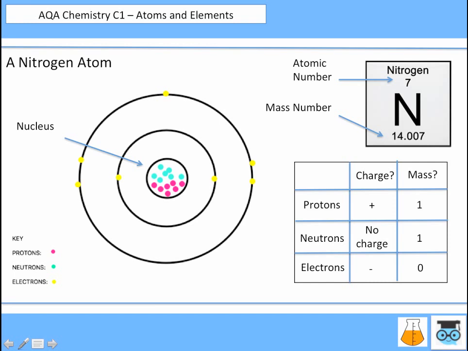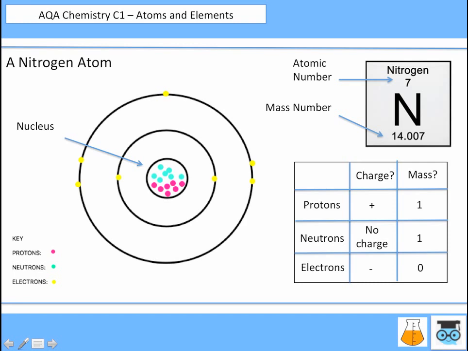Right, this is a fact you just have to know: the first energy level shell always has 2 electrons, and no more, apart from hydrogen, which only has 1 electron. But that's just an awkward element.